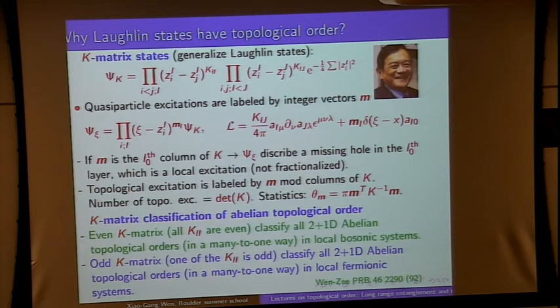Electrons in the same layer, on the ith layer, have a power of K_II. Then electrons on the I layer and the J layer have a power of K_IJ. Those different exponents can be put into the K matrix, and you can use the K matrix to construct this multi-layered wave function.